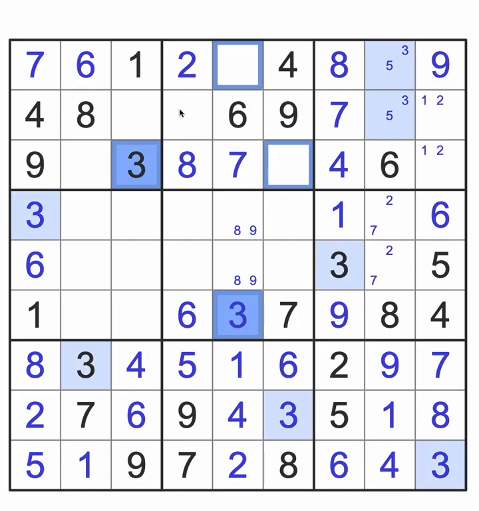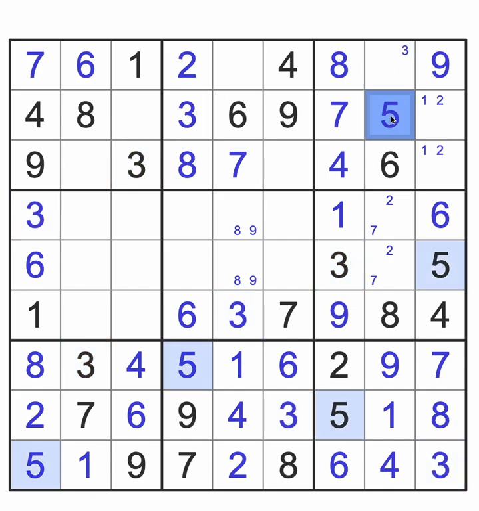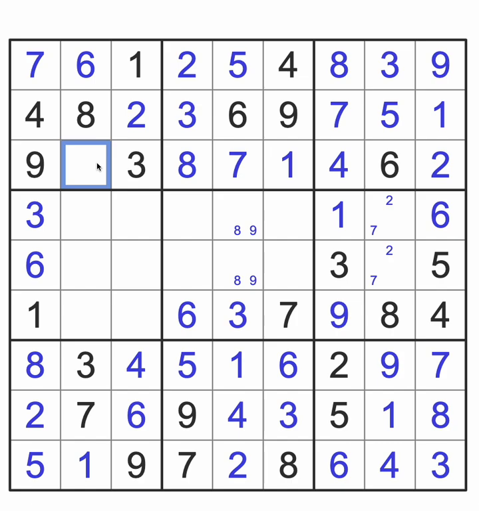This 3 blocks here, gives me 3 here. That gives me 5 and 3. And the last number here is 5. And the last number of this box is 1, which gives me 2 and 1. The last number of this row is 2, and this is going to be 5.